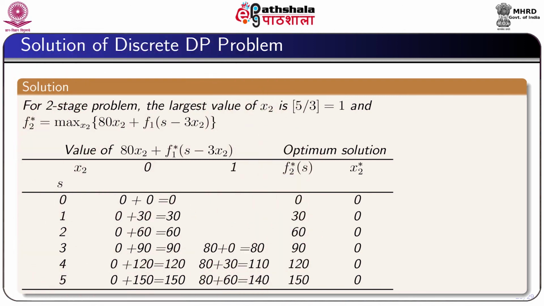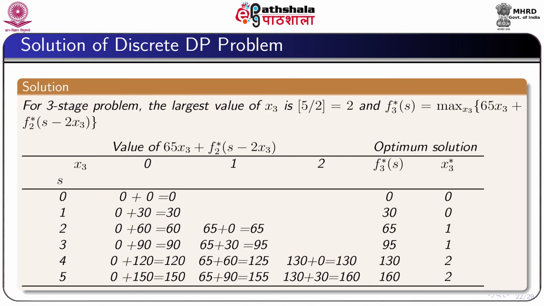So, we calculate the values of 80 x2 plus f1 star(s - 3 x2) for different values of x2 and s, and the corresponding f2 star(s) and x2 star as shown in this slide. Proceeding similarly, we find the values for the 3 stage problem as shown in this slide.